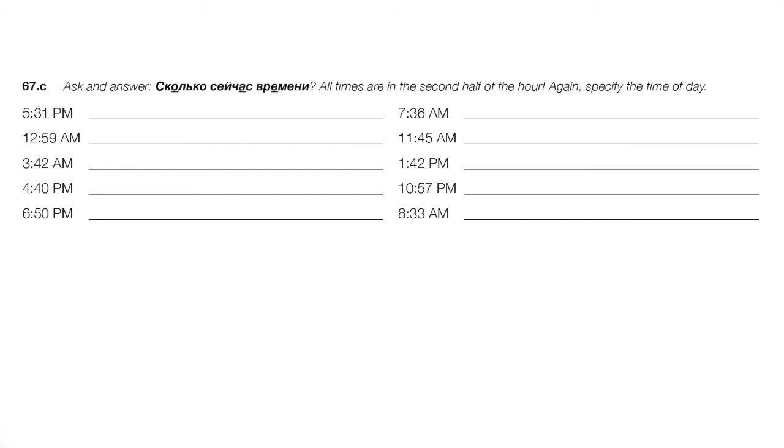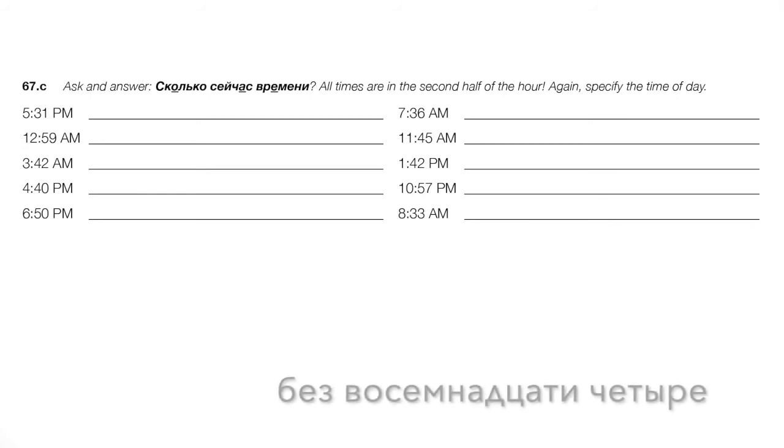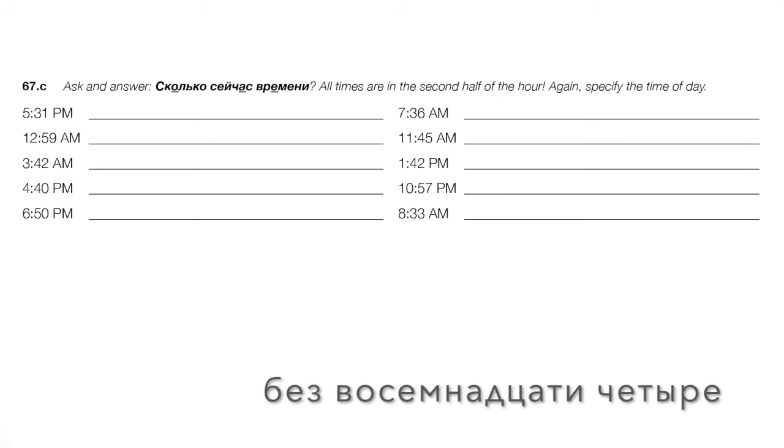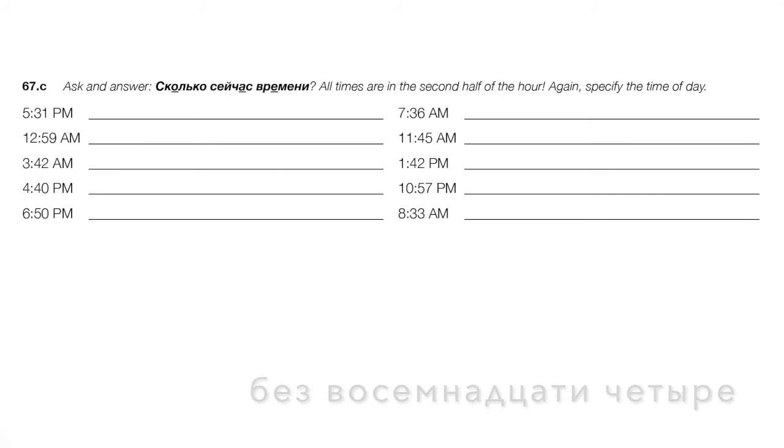So let's say without, I'm not very good at math here, without 18, без 18 4, right? Without 18, 4. And I guess I would say ночи, but again, who knows? Some people may say утра. I would guess ночи would be better. Again, I think there's a bit of gray territory here with some of these times of the day.